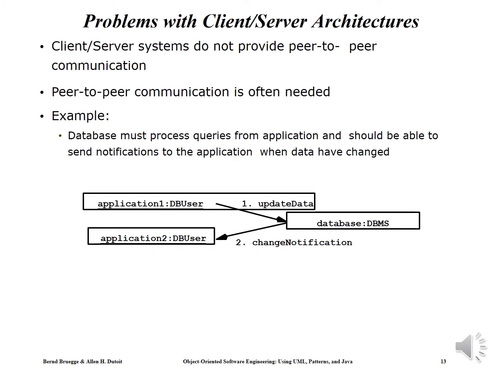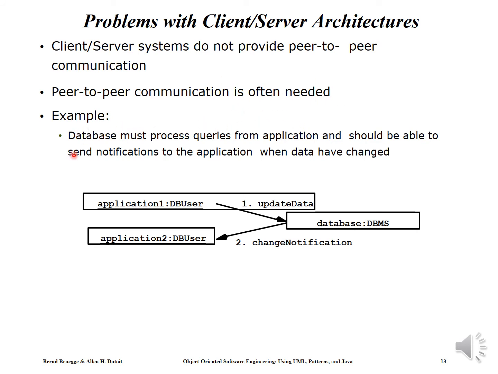Let's discuss some problems with client server architecture style. Client server systems do not provide peer to peer communication. And what is peer to peer communication? It is where the subsystems can act both as clients or as servers.